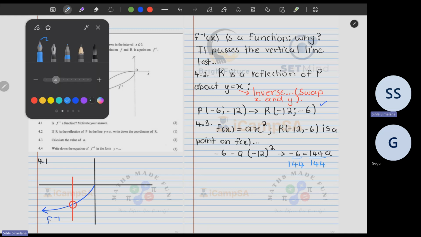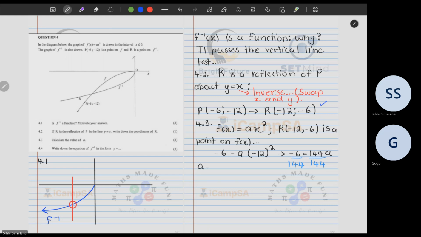So what is the answer that we get for a? -1/24. So we get -1 divided by 24.